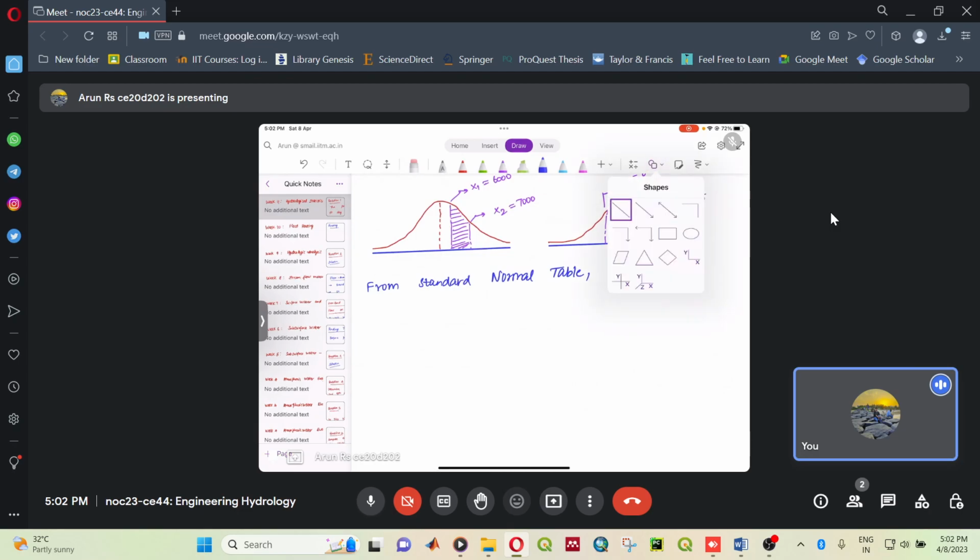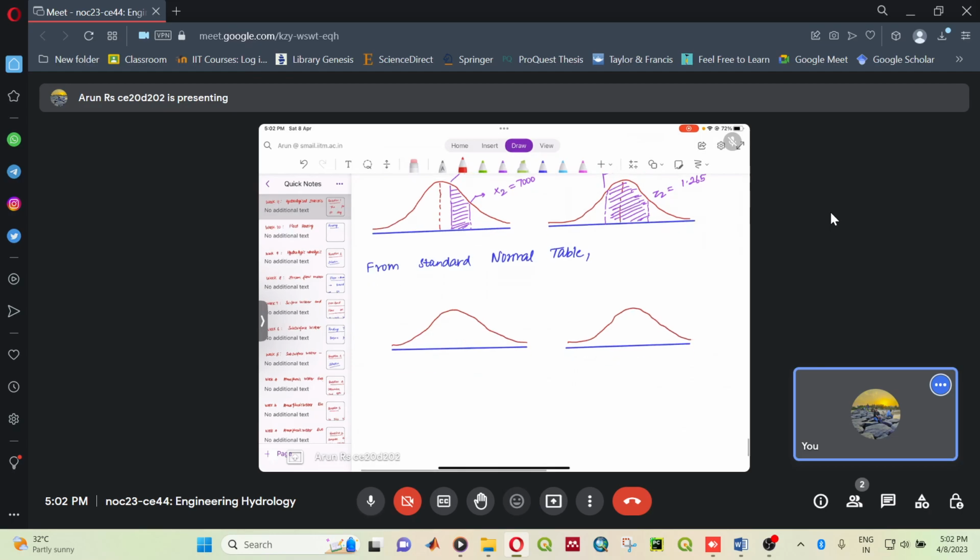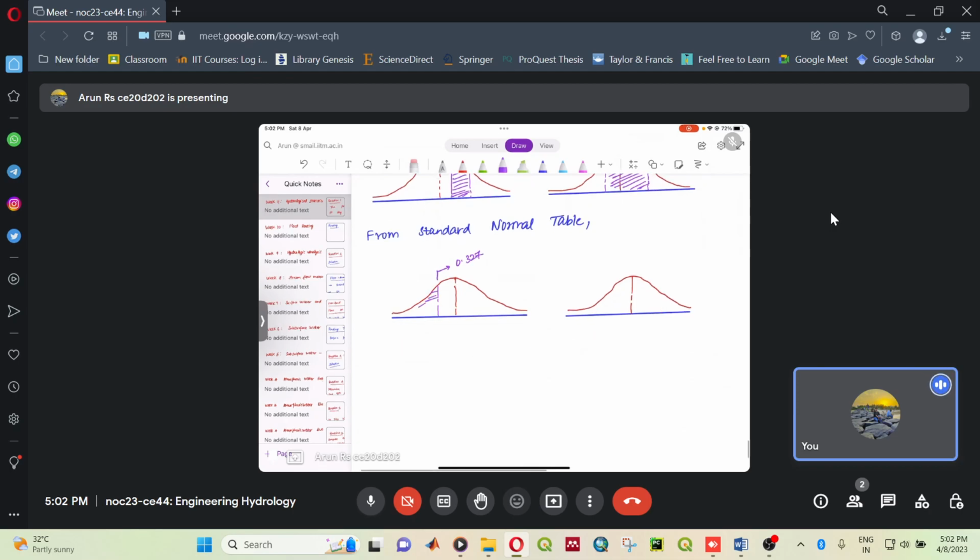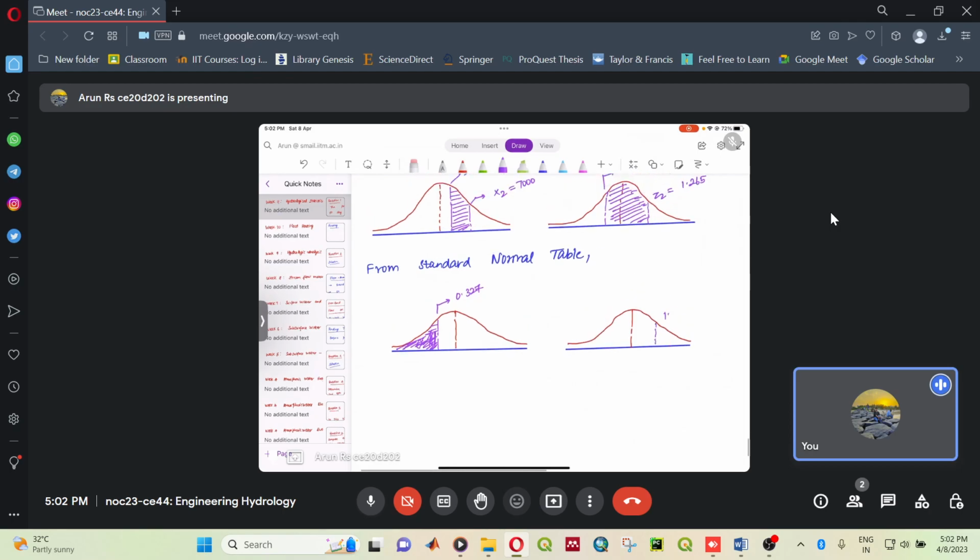So we'll be finding out the area under this curve for 0.327 and for 1.265, we'll be finding out this entire area.